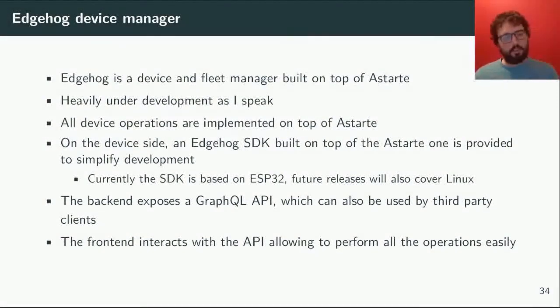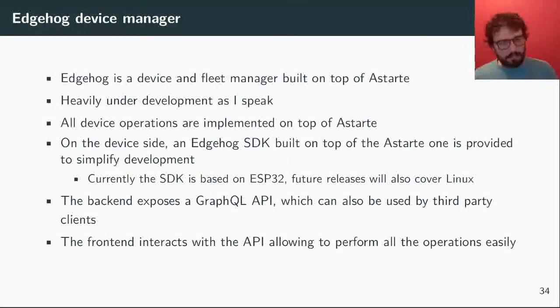And the backend of Edgehog exposes a GraphQL API, which can also be used by third-party clients. So the nice thing about the GraphQL API is that you can just query the data that you need, or you can query multiple devices. You can perform operations on multiple devices in one go.